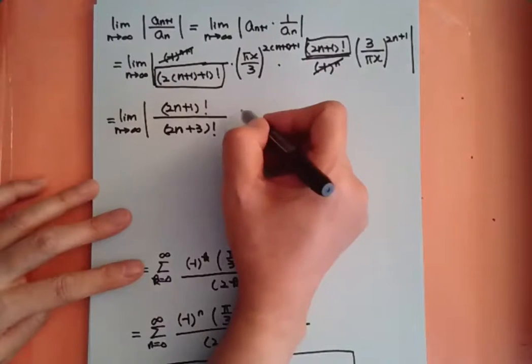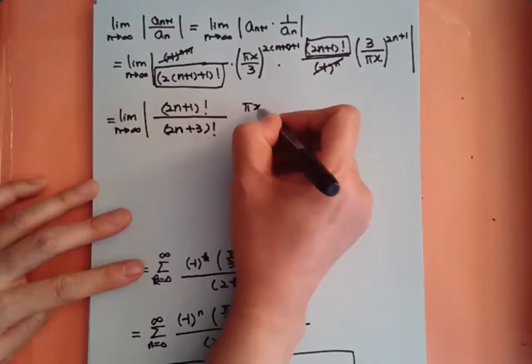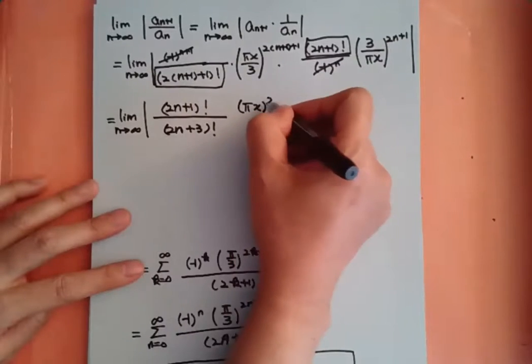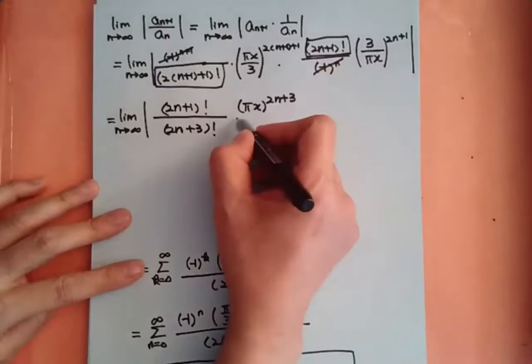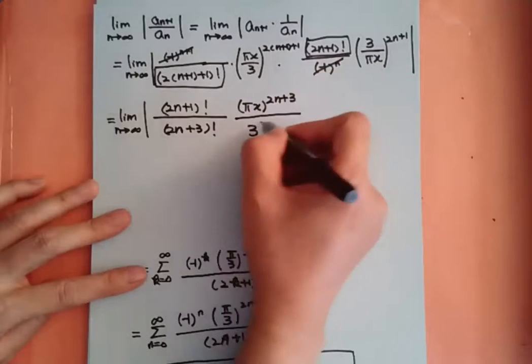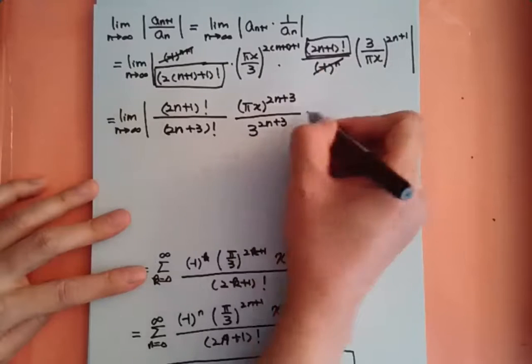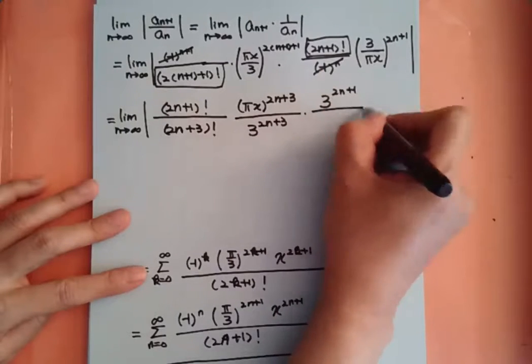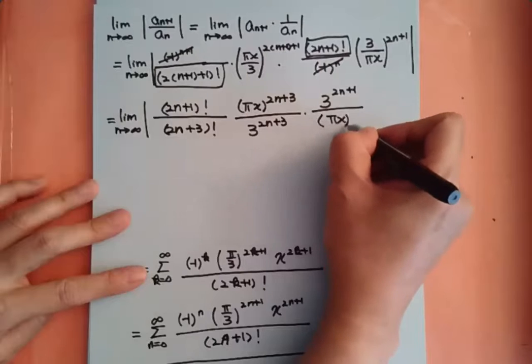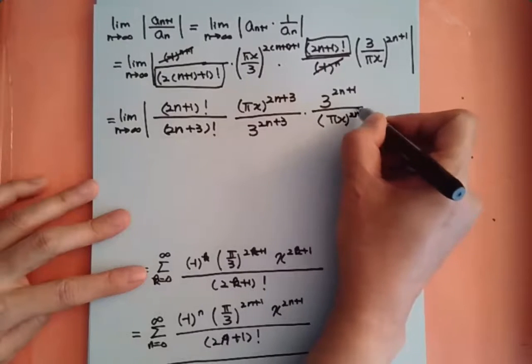And then this one is (pi x) to the 2n+3. 2 plus 1 is 3, over 3 to the 2n+3, times 3 to the 2n+1 over (pi x) to the 2n+1.